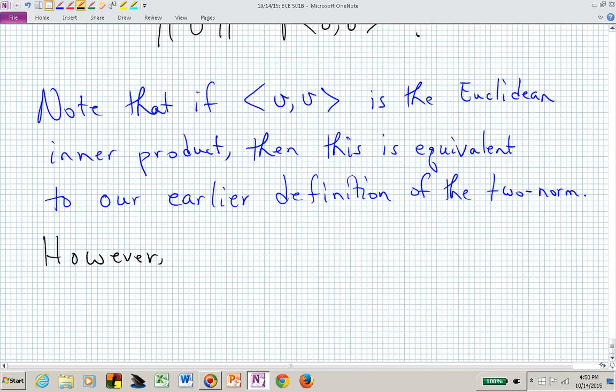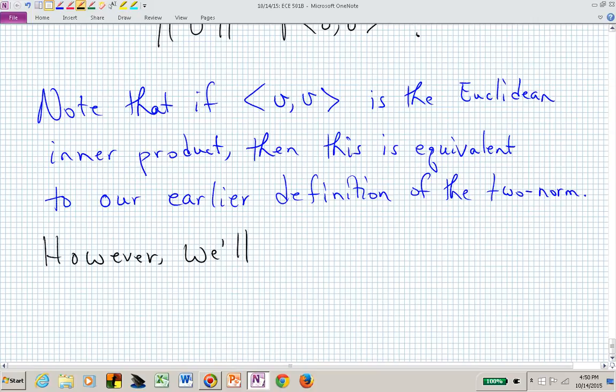But we're not going to restrict our inner products to always being the Euclidean inner product, and if we have a different inner product defined on our vector space, that's going to then impose a different norm than the Euclidean norm in that vector space.